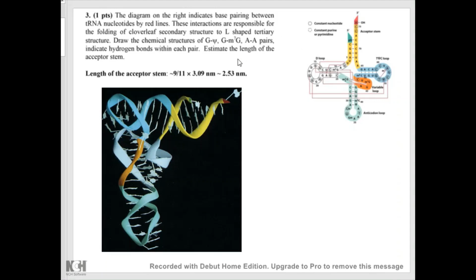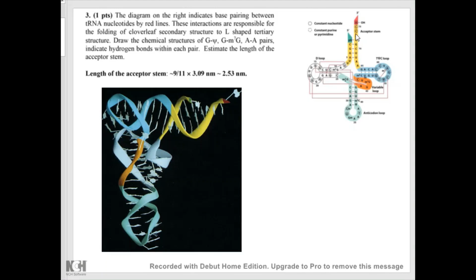So in A-RNA, we have 11 base pairs per turn, and we have 3.09 nanometers in length for one helical turn. Of course, here we don't have all 11 base pairs and a full helical turn. But let's count how many we have. 1, 2, 3, 4, 5 full base pairs.